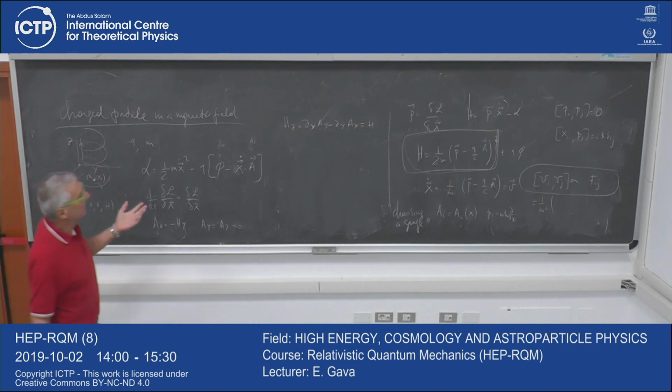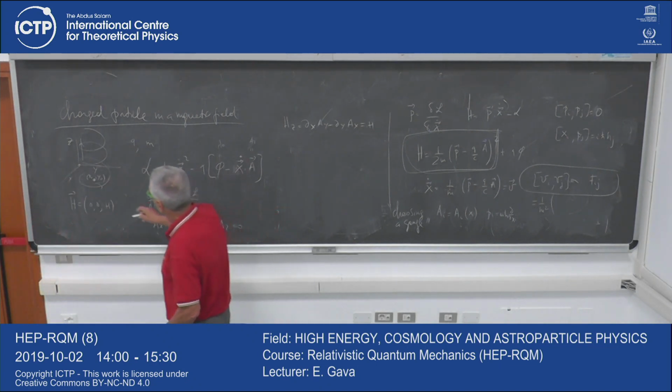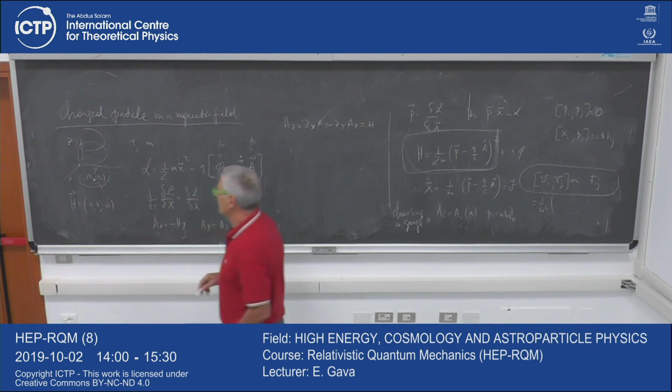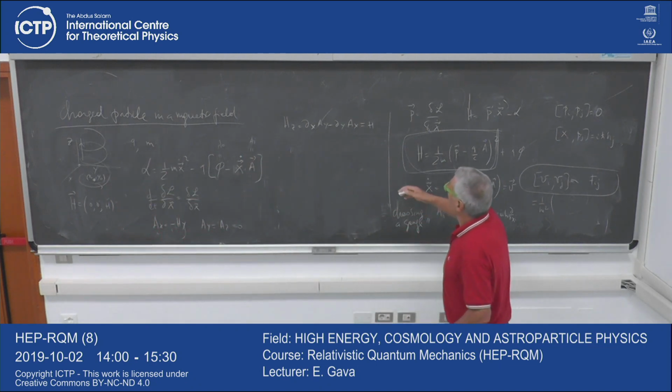Of course, here we are assuming that this is constant. So then the vector potential is linear in the coordinates.